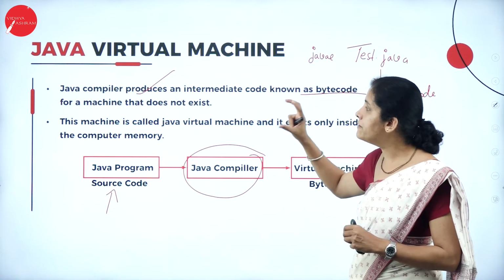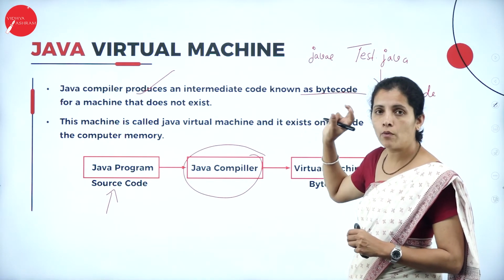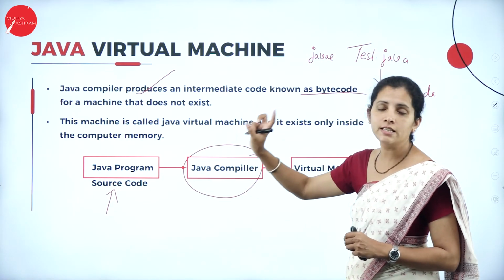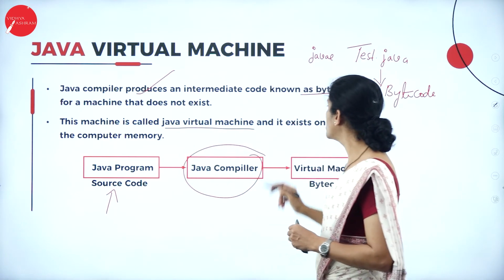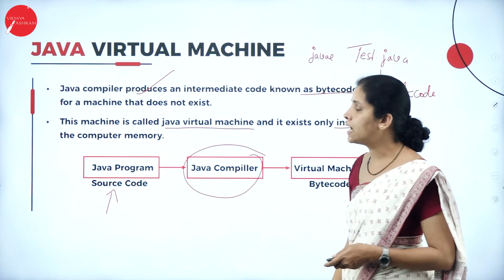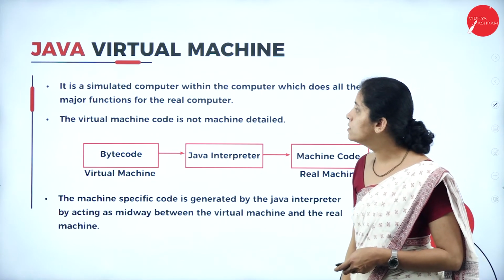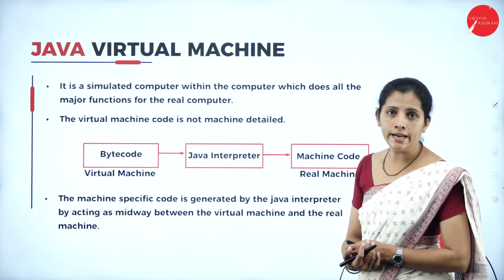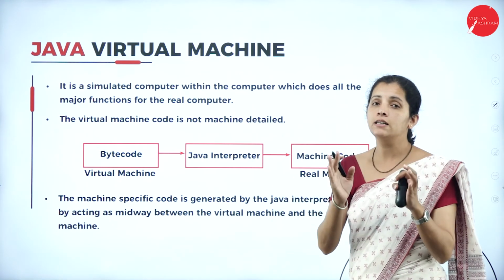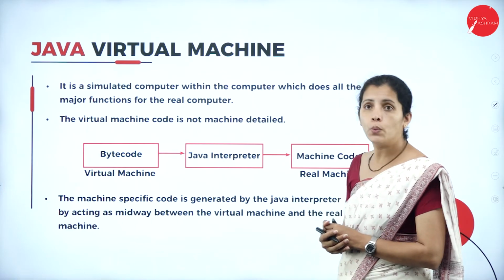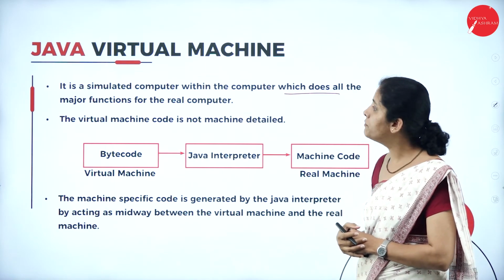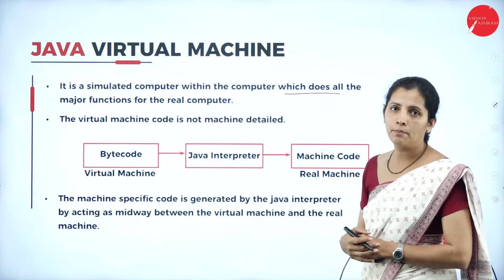JVM is nothing but the Java virtual machine, and it exists only inside the computer memory. It is a simulated computer within the computer memory, which does all the major functions for the real computer.